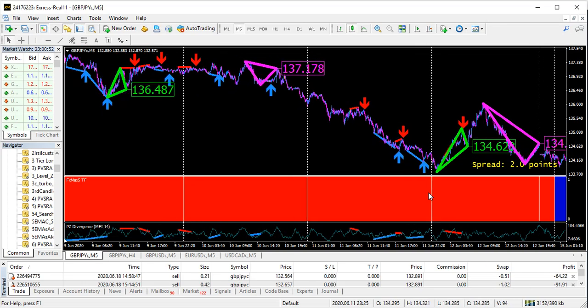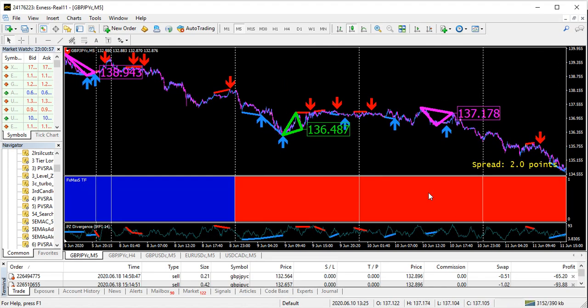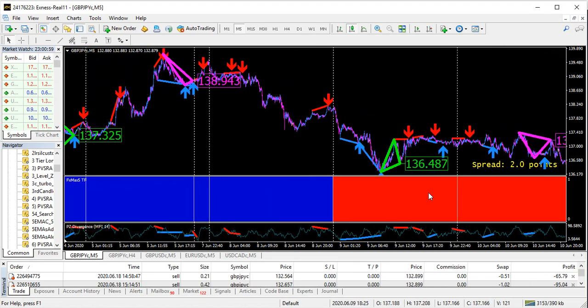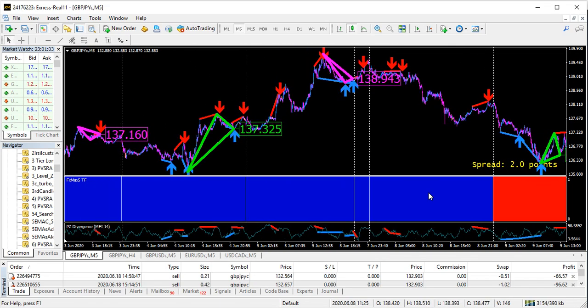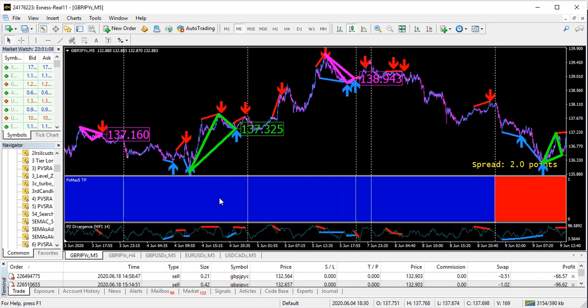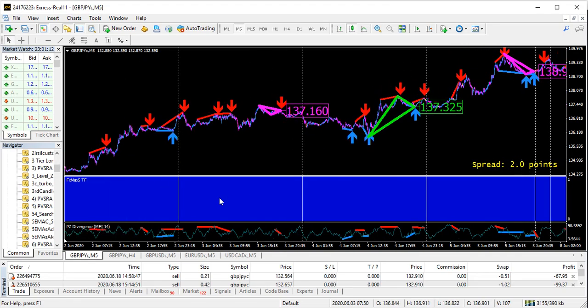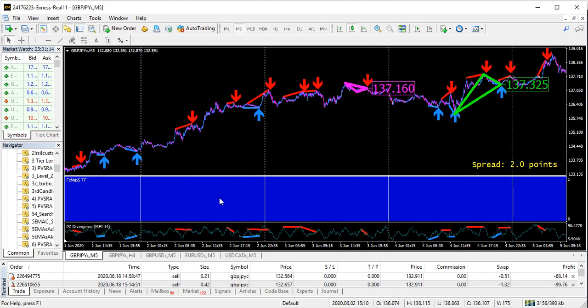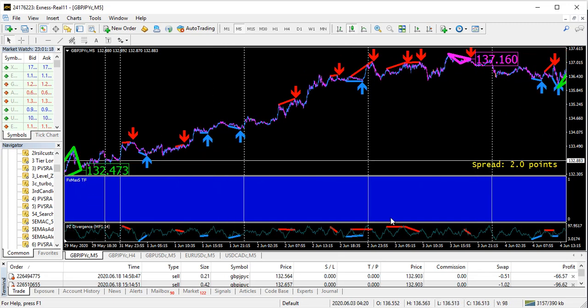Then when it is blue, it's on a buy trend. Okay. So the FX Max 5 tells us the trend. Okay, like in the Genesis 1, it was also used to tell us the trend. So you can say there's a general buy trend.